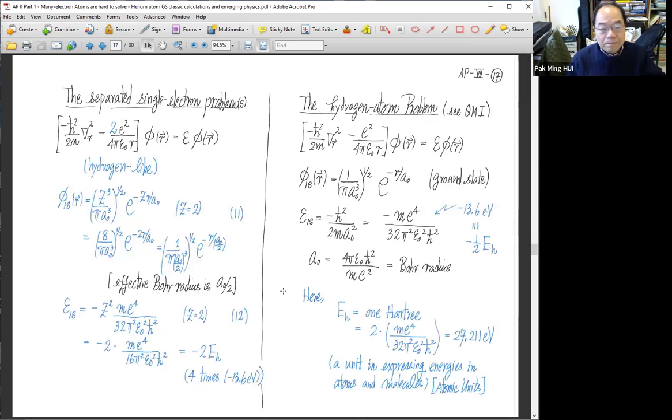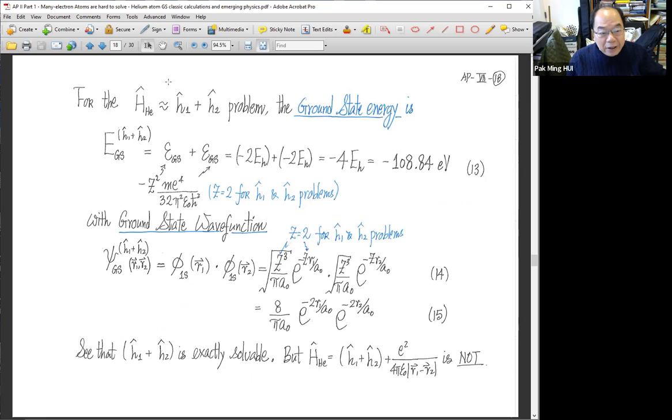So therefore, we take the solvable part. The ground state energy will be minus 2 Hartree plus minus 2 Hartree, that is minus 4 Hartree, and it is minus 108 eV.